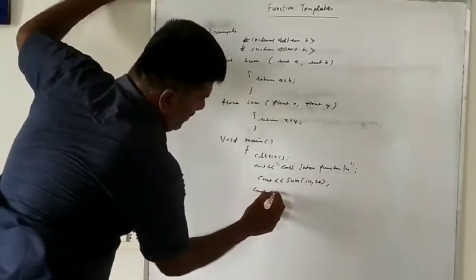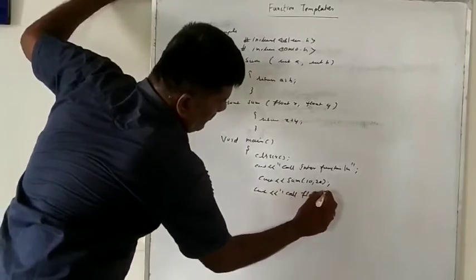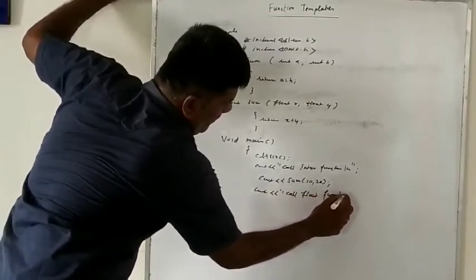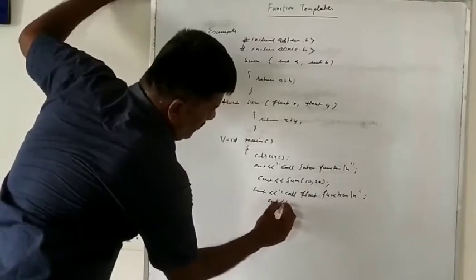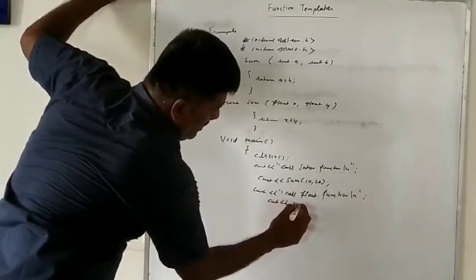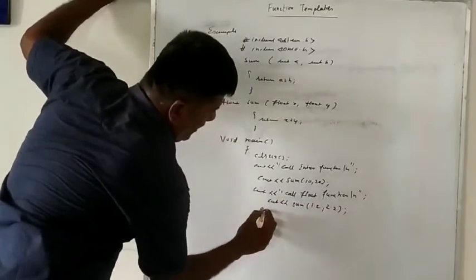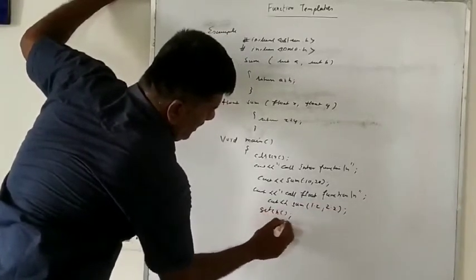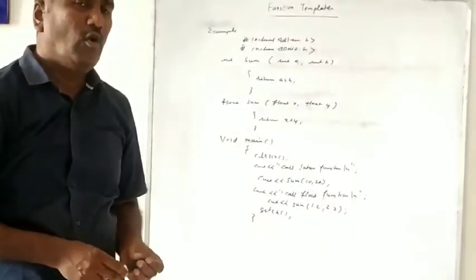Then call the float function: cout sum of 1.2 comma 2.2. Then getch. Okay, this is the example for function overloading.